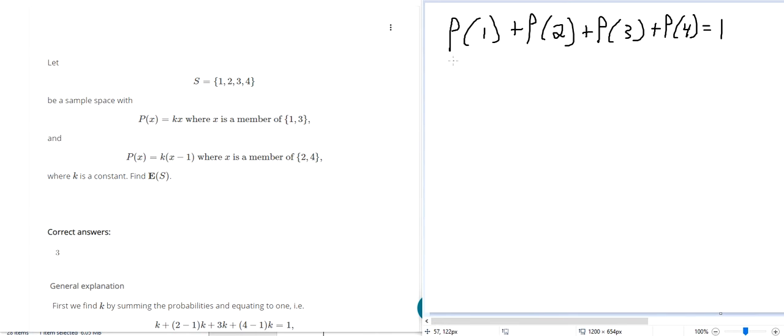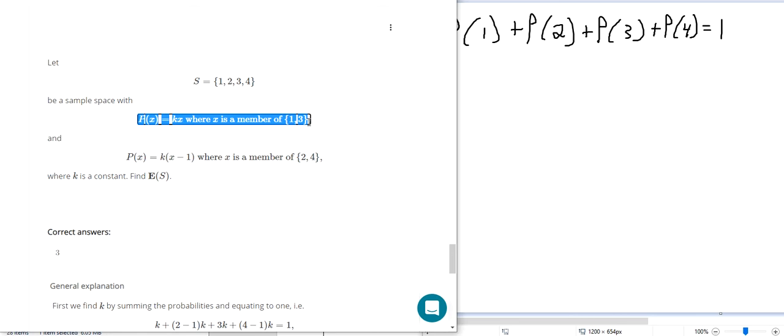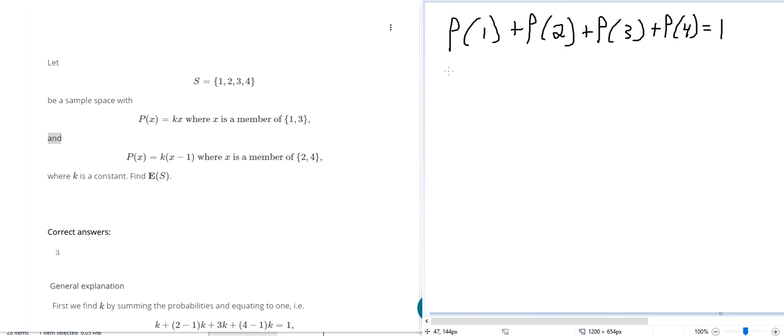Okay. So the probability of getting a 1, there's two different functions for that. We use this function for the probability of getting a 1 because x is a member of 1 or 3. So the probability of getting a 1 is going to be k times 1.